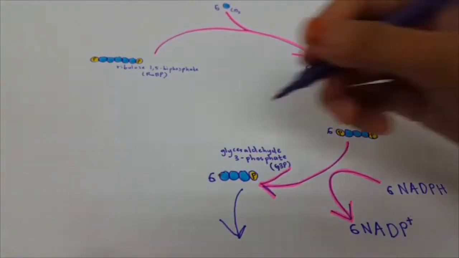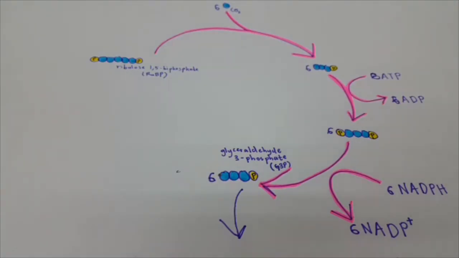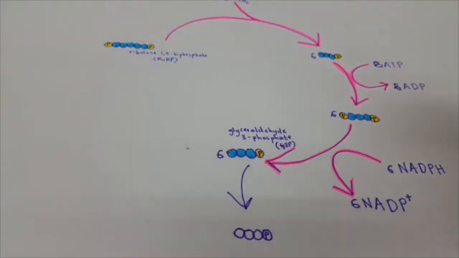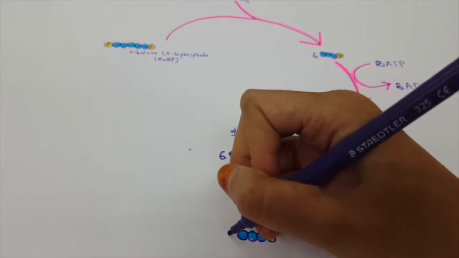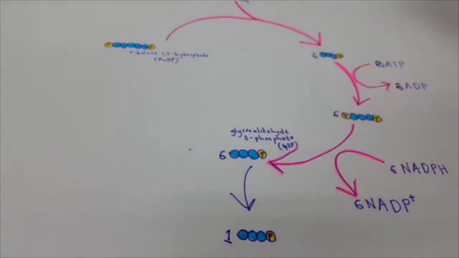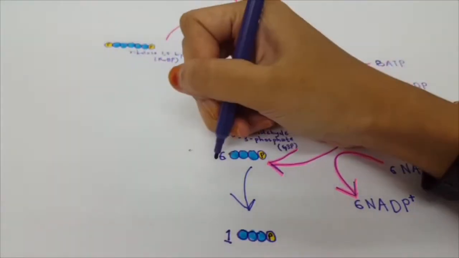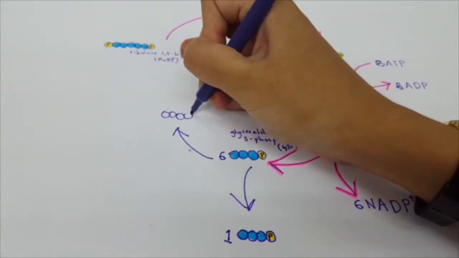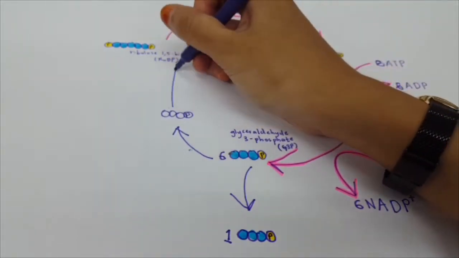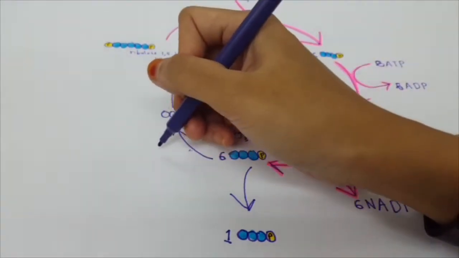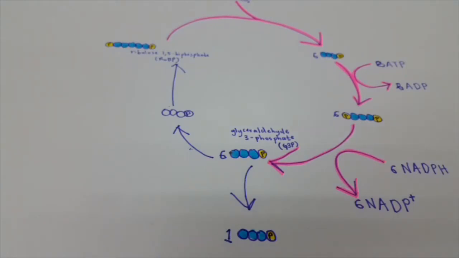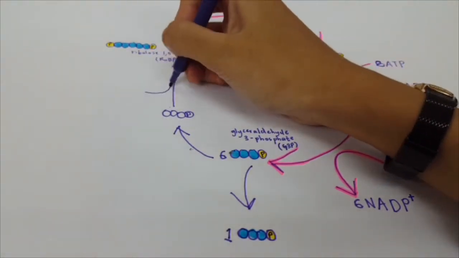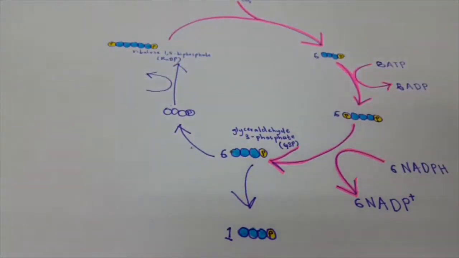The next steps are reactions to regenerate RuBP. In this cycle, RuBP is constantly regenerated to produce G3P and to make use of carbon dioxide, ultimately to make glucose.